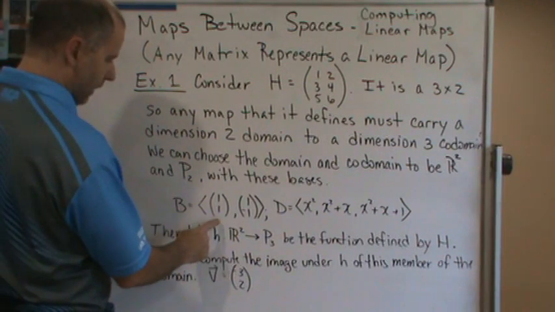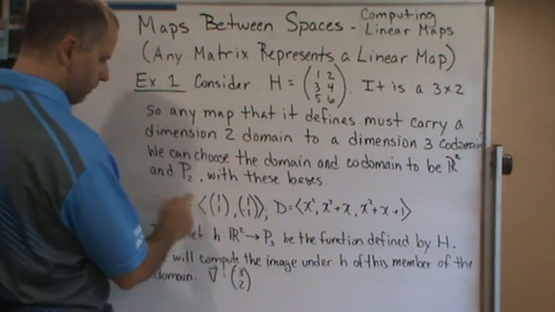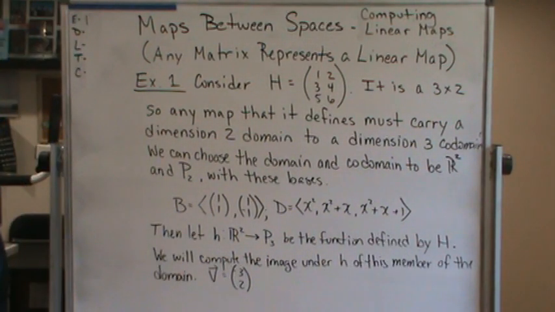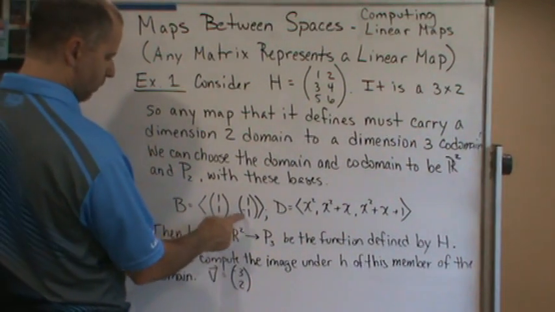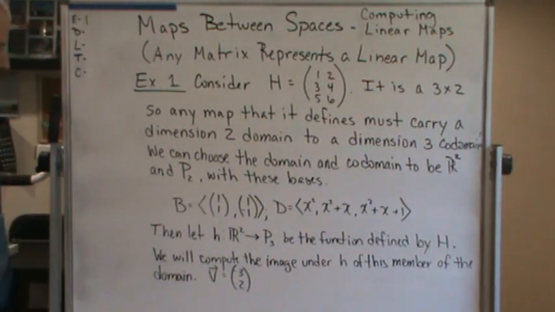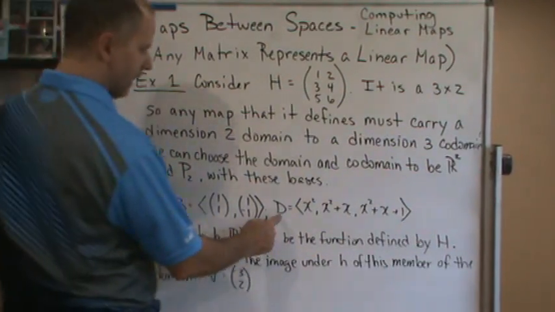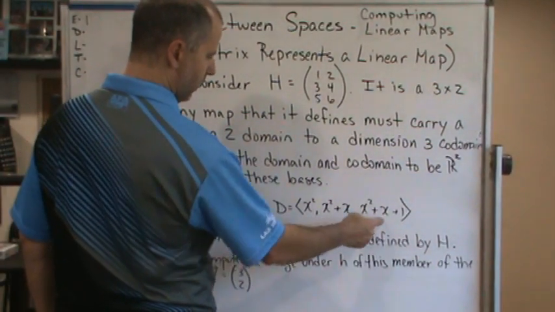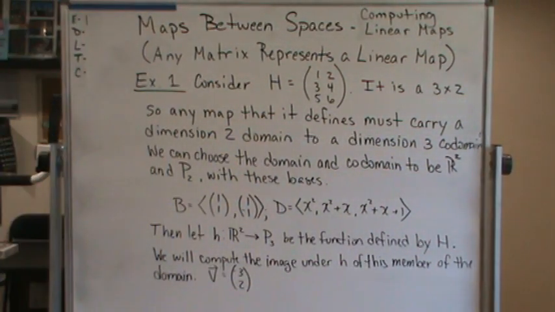So B is going to be this basis with these two basis vectors. And then D for the codomain will be represented by these three polynomials in the basis.